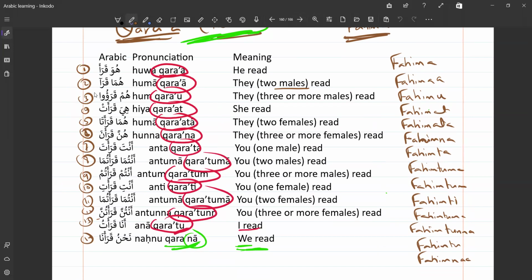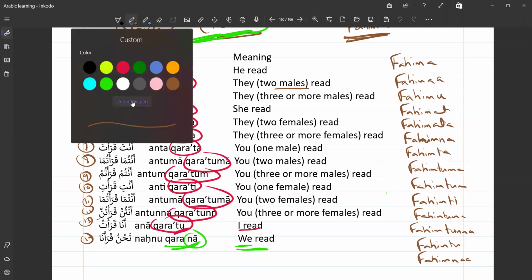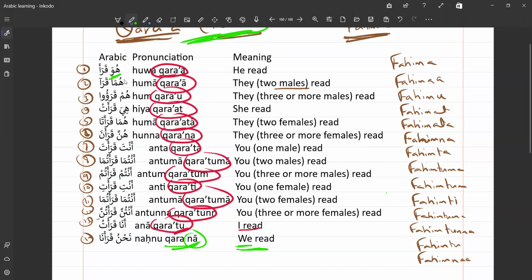So this is just to give you a sense of how Arabic verbs work, and how they are used in sentences. And these are the subjective pronouns: hua, huma, hum, hiya, huma, hunna, anta, antuma, antum, anti, antuma, antunna, ana, nahnu. With the third person single male we use hua.